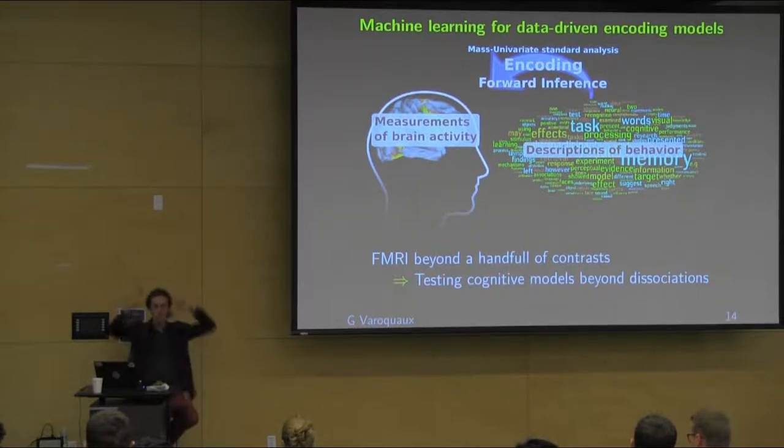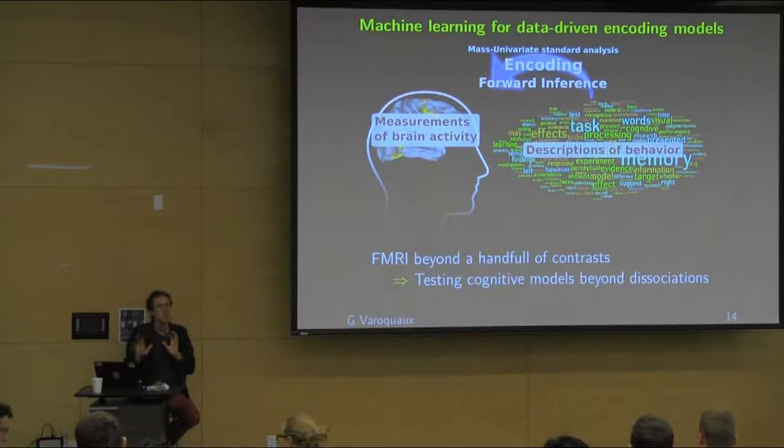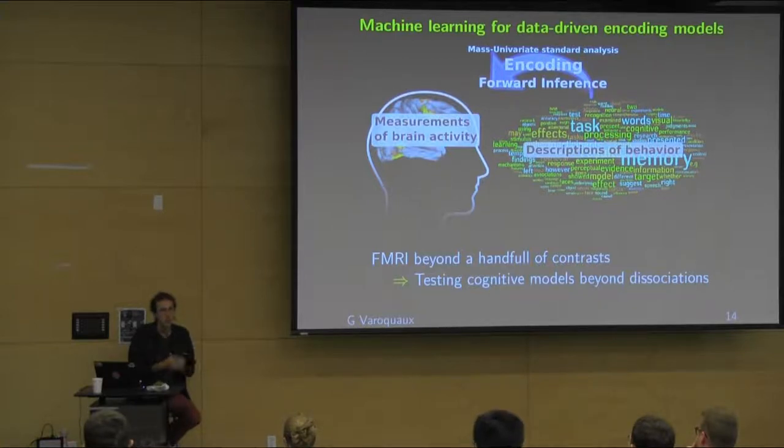If we think of machine learning, we have two steps. The first step is learning a good model of the stimuli, and this is done on data without brain activity. The reason is that we need heaps and heaps and heaps of data. And then the model is on different data.